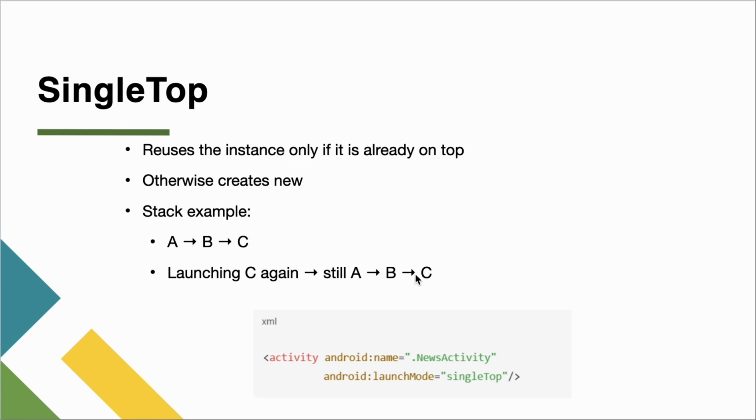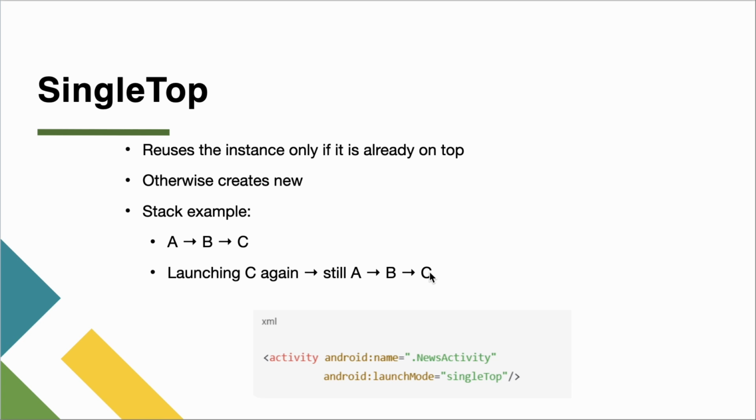Rather, it will keep on using the same instance and it will provide the new data. Alright, so that's how it does. Like android:name is NewsActivity, and the launch mode I would define as singleTop, because I don't want to keep on creating the new instances for the activity which is already on the top. That's how the SingleTop works.